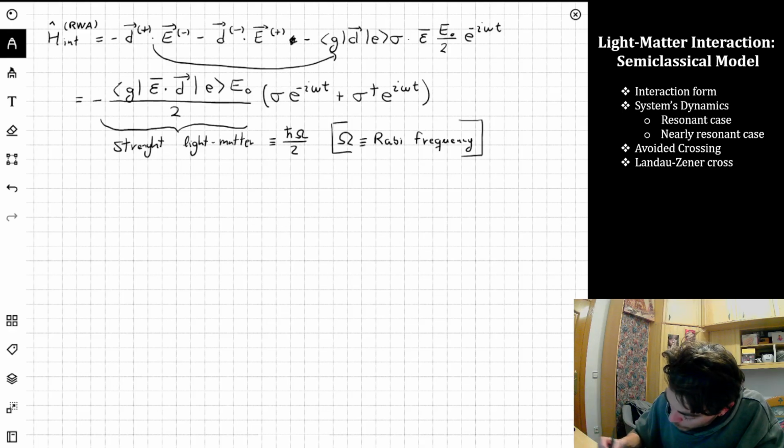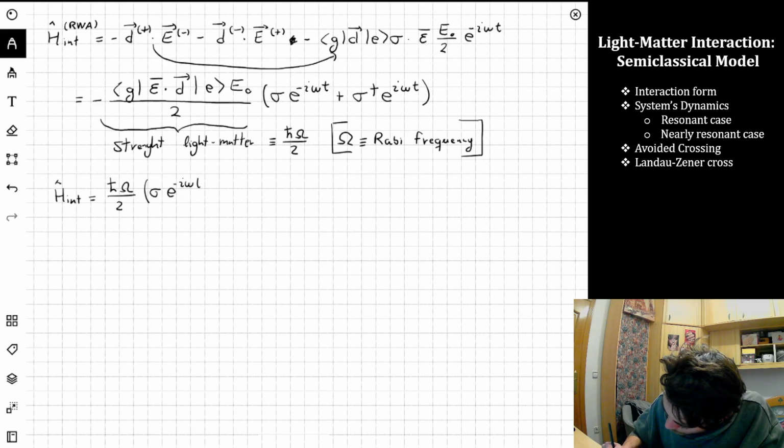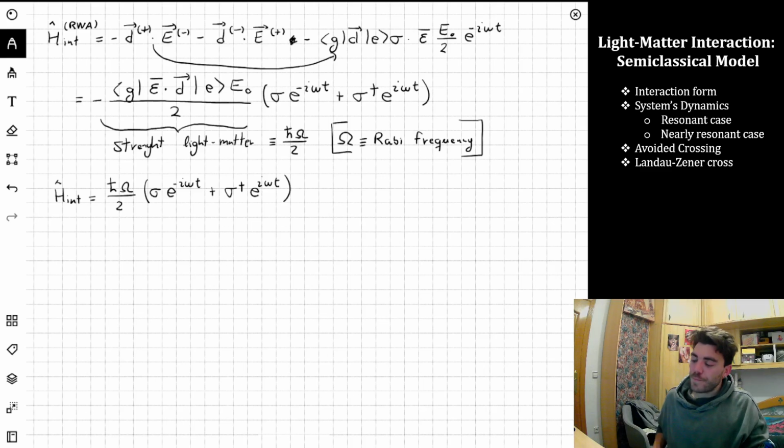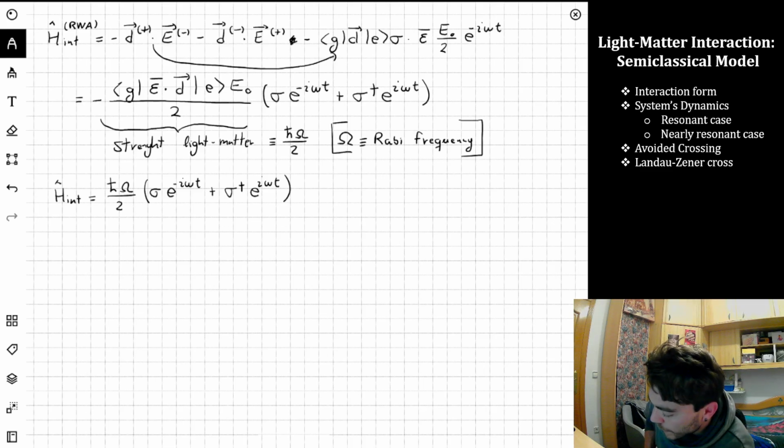So that in particular the interaction Hamiltonian under this assumption is h bar omega divided by 2, sigma minus e to the minus i omega t plus sigma plus e to the i omega t. Simply like that.